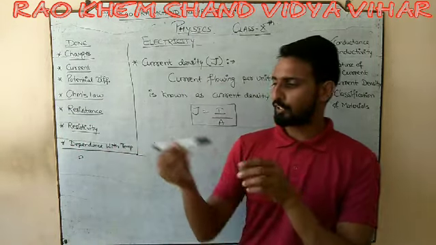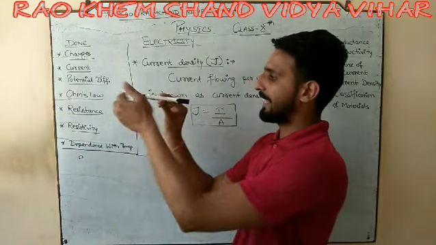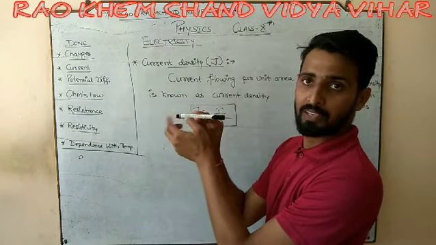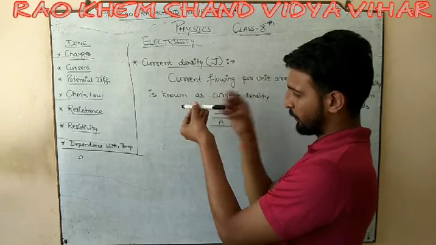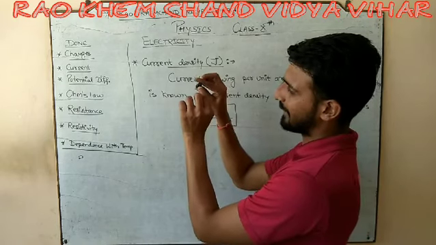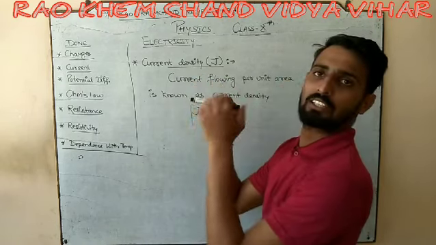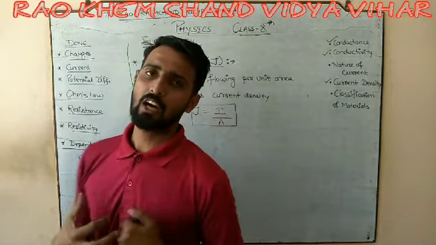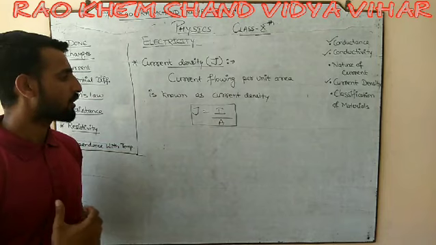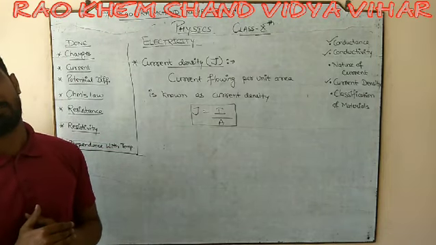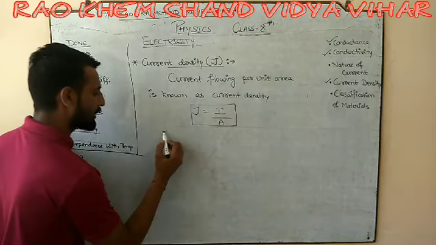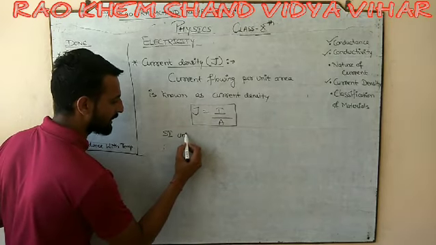Your current is flowing through this conductor. So current can flow from this end to this end because the charge can flow from here to here. If the current is flowing from here to here, it is flowing through this area, not through this area, and it will indicate the density or the crowdedness of the current. So current density is defined as the current flowing per unit area, and you can make the SI unit for current density.